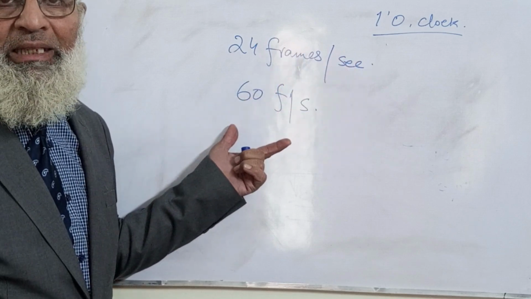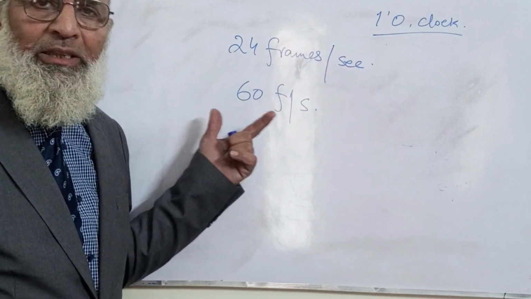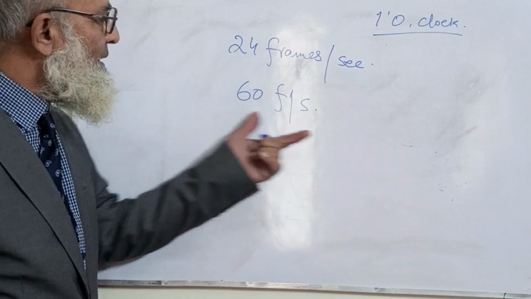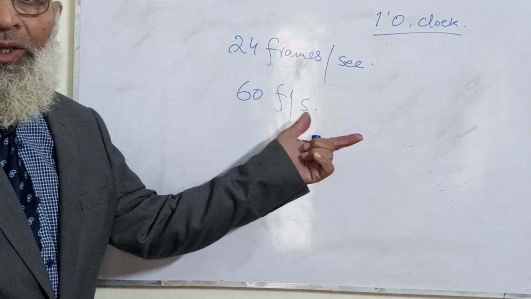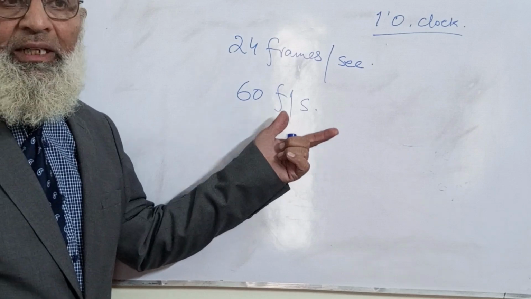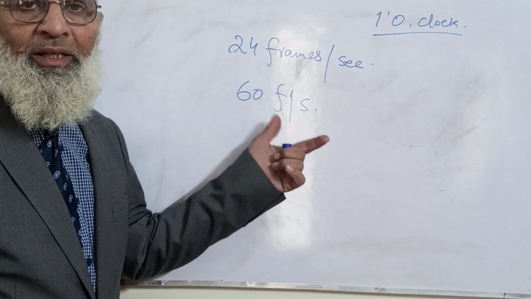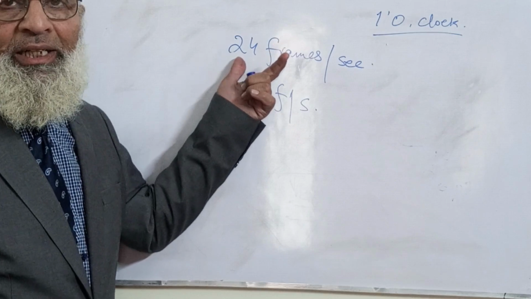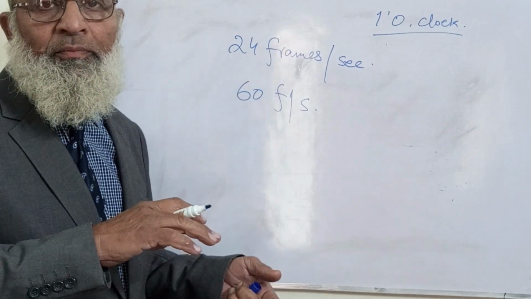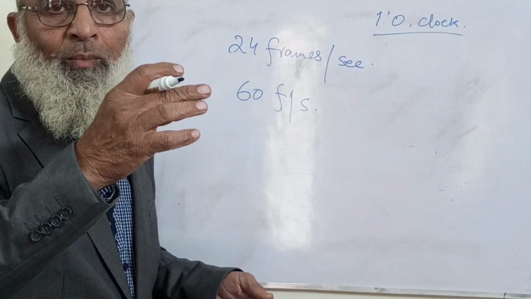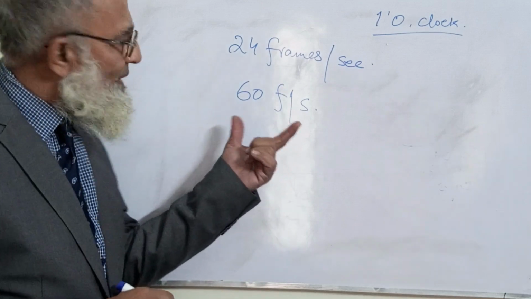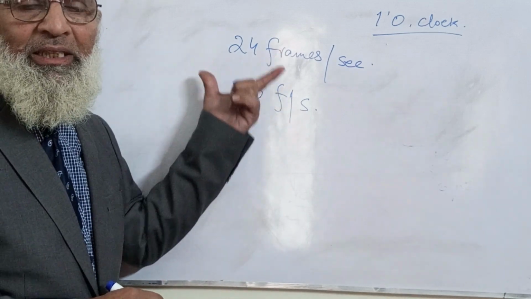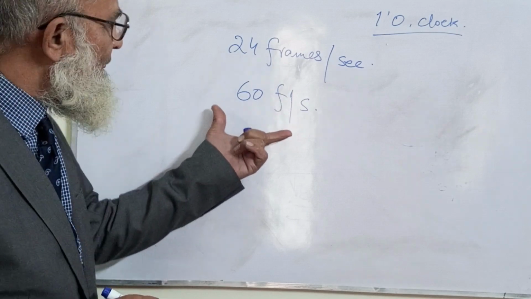But the camera is constantly recording at 60 frames per second. Now, if you reproduce this result at this speed, it will be very slow, because this has been recorded at a faster speed than this.